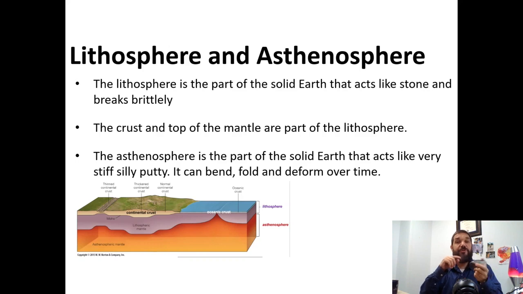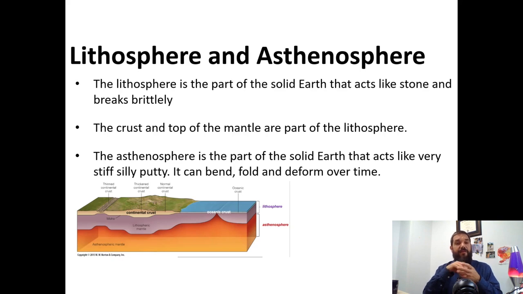Compare that now to the mantle asthenosphere. The mantle asthenosphere is the part of the mantle that does not break like a cookie. It is the part of the mantle that can convect. It is sufficiently warm and under sufficient pressure to change its malleability or its mechanical properties.